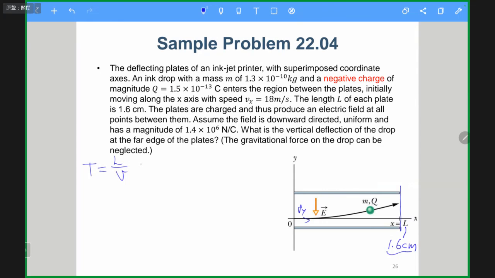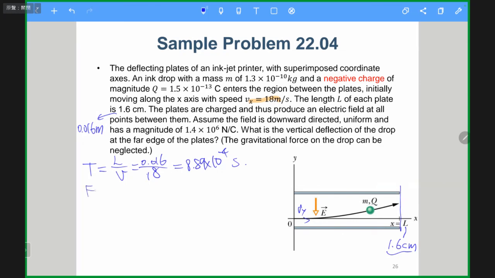The length is 1.6 centimeter, but for the SI unit, we should convert it to 0.016 meter. So this is 0.016 over Vx, which is 18 meter per second. So this is 8.89 times 10 to negative 4 second. This is the time the ink leaves the parallel plate.